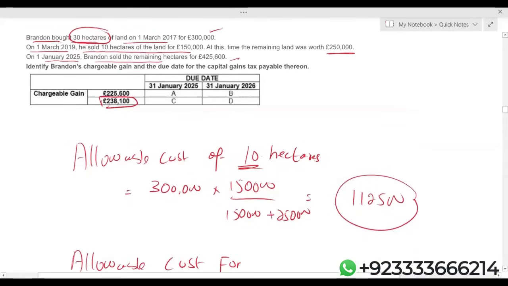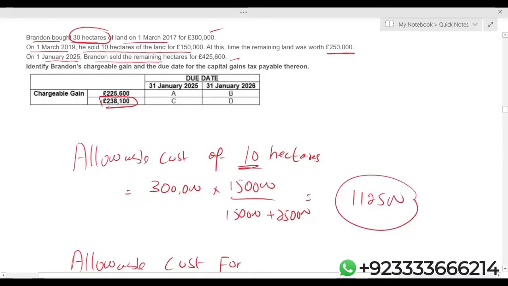It's a part disposal scenario. And normally, when do we pay CGT? We pay CGT on 31st January after the end of the tax year. Other than residential properties, we know that in case of residential properties, you need to pay CGT within 60 days of the disposal. Other than that, normal due date for the CGT is 31st January after the end of the tax year.